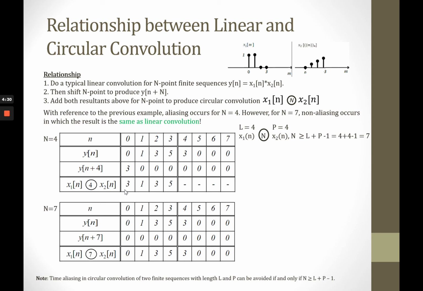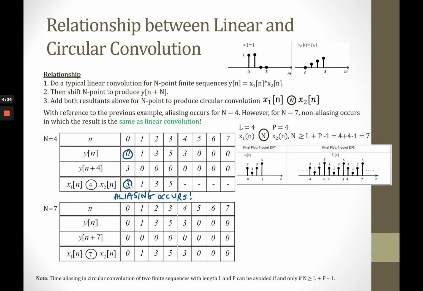These two signals, we analyze that at this point, aliasing occurs because y[n] is not equal to the result of circular convolution for N equal to 4. At n equal to 0, y[n] is equal to 0.